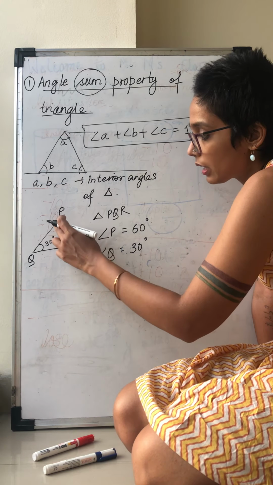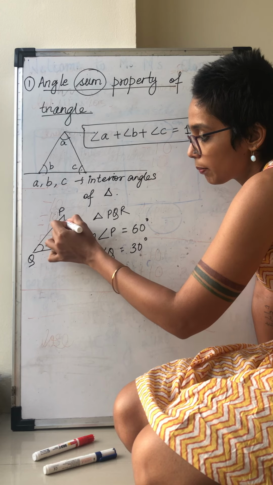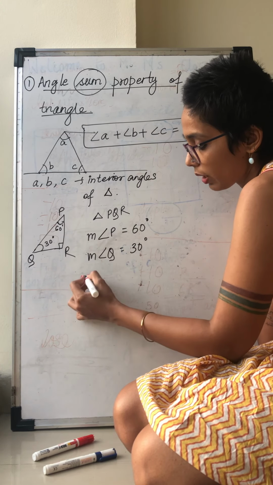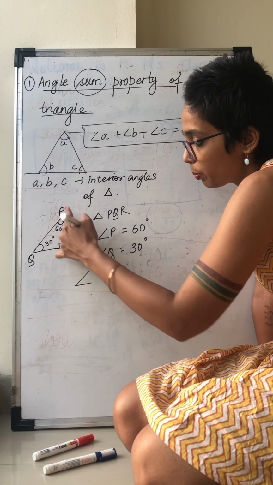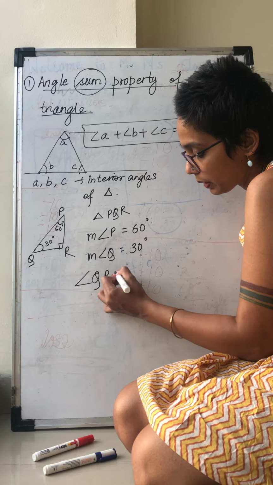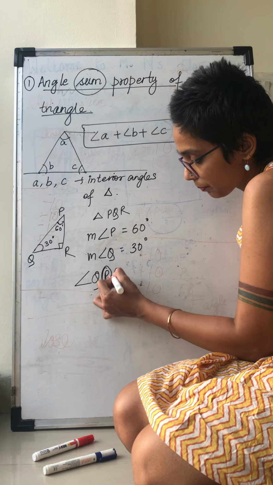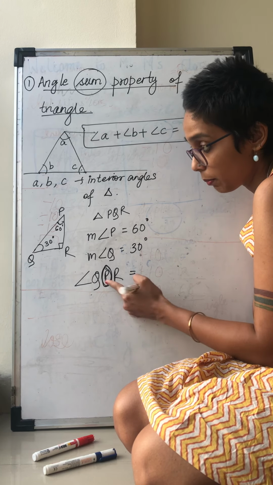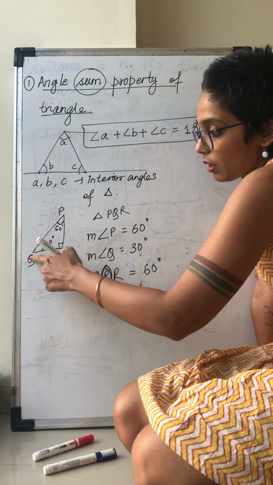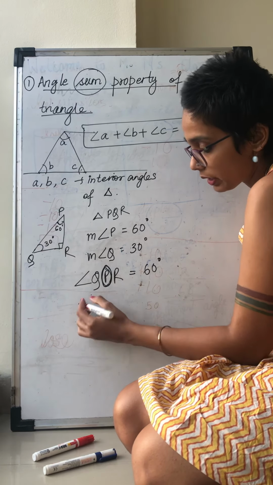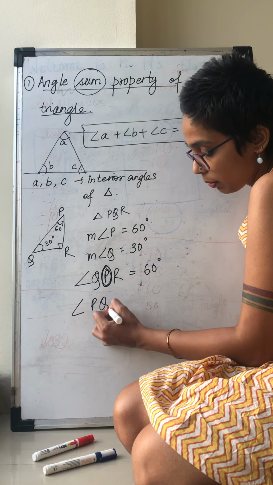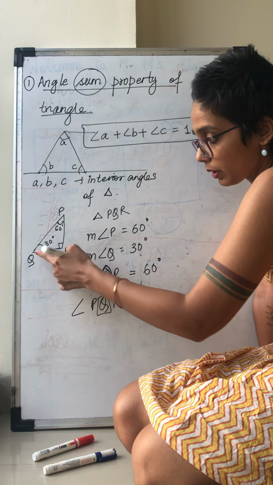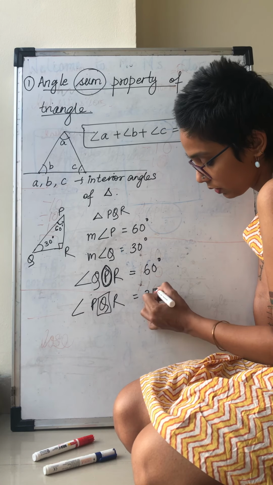Now whenever we are depicting a particular angle, for example if I want to talk about angle P, I will say angle QPR. That means the angle that I am talking about is angle P because it's in the middle, and it is 60 degrees. If I want to talk about angle Q, it can also be written as angle PQR, which means I am talking about angle Q, which is 30 degrees.